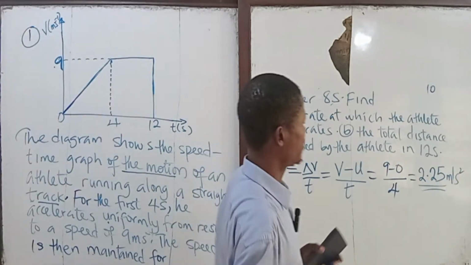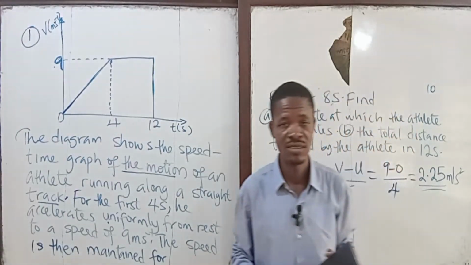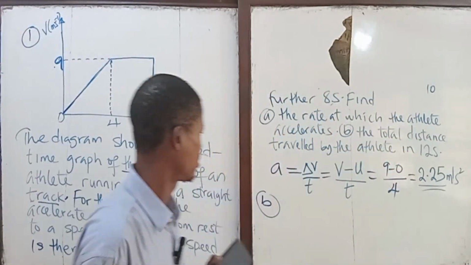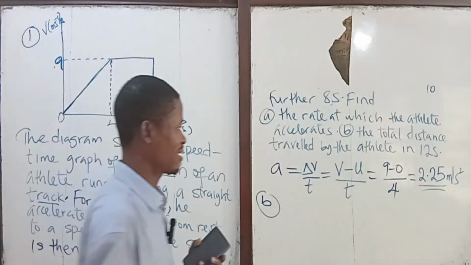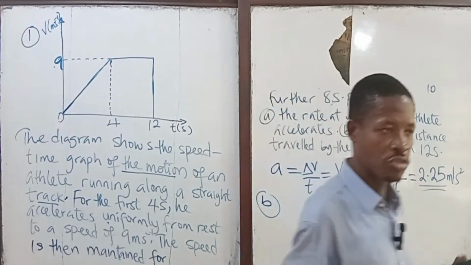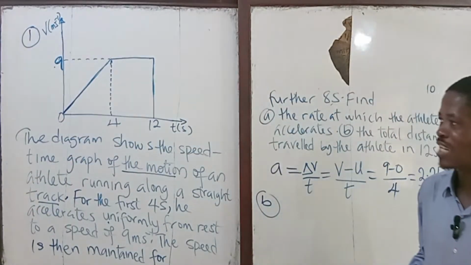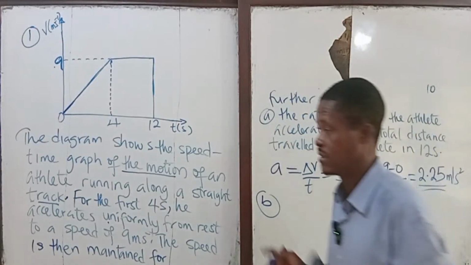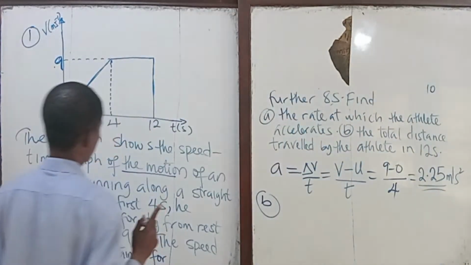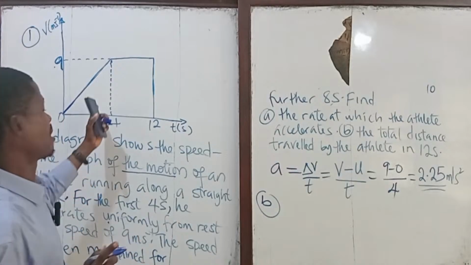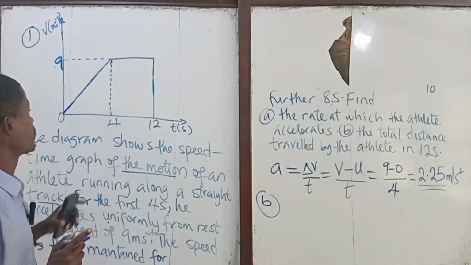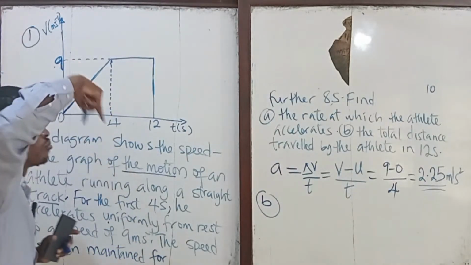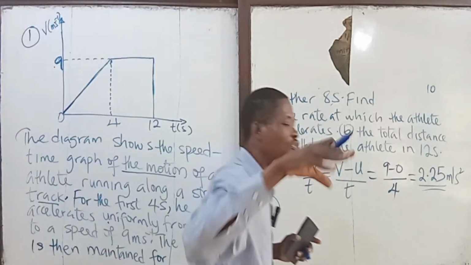Now the total distance traveled by the athlete in 12 seconds. When you're looking at total distance, you can solve it in 2 ways. You can use the trapezium method, or you can use the geometry of the individual shapes.